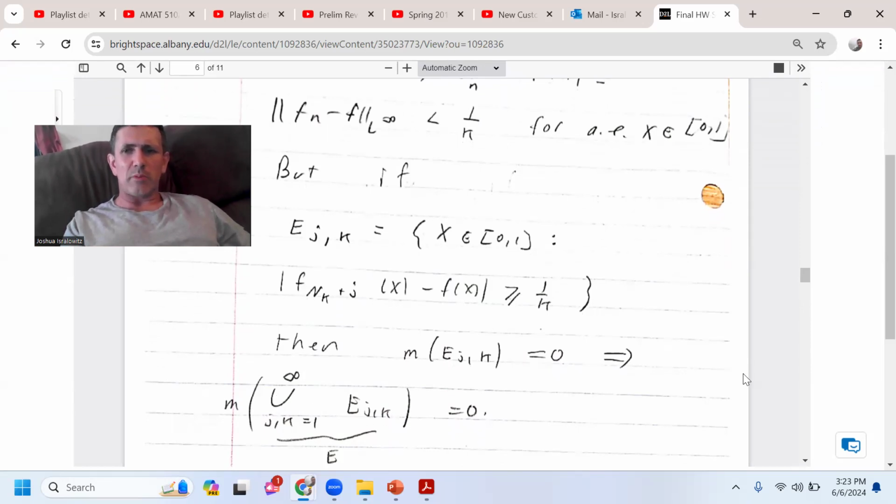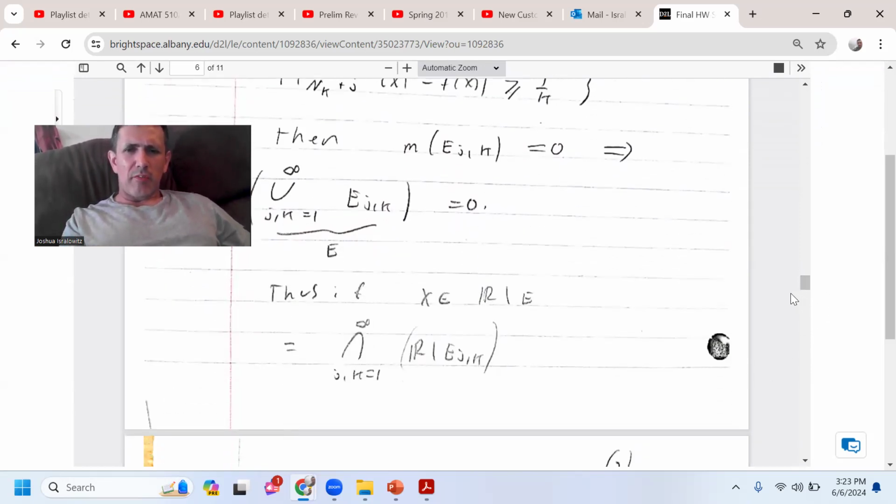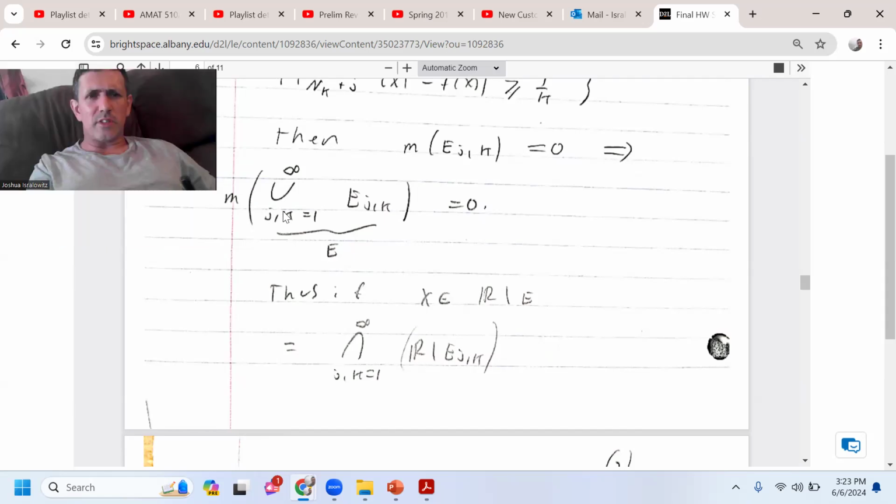Still a countable double union, but still countable. In the previous problem, the set was A. So we want to prove uniform convergence on 0 to 1 take away E, where E is this double union. Again, it's not immediate that this is going to work, but it's a reasonable thing to try.